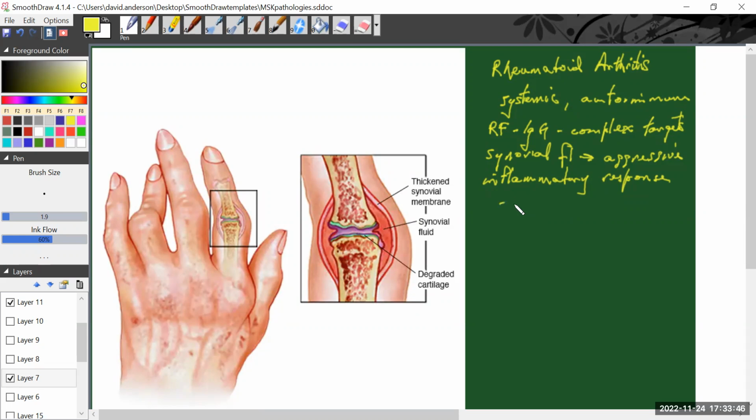So we get aggregation of immune cells and infiltration of the synovial tissues.